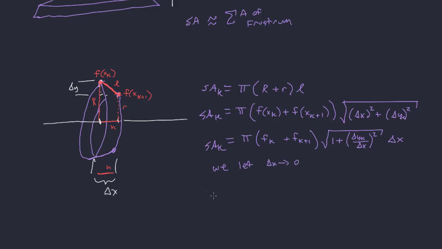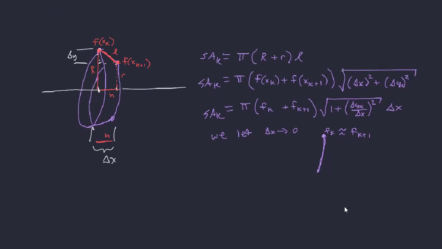And when that happens, when we shrink this down small enough, when delta x gets smaller and smaller, eventually our two f values, f sub k and f sub k plus 1, basically become the same. They become the same f value.